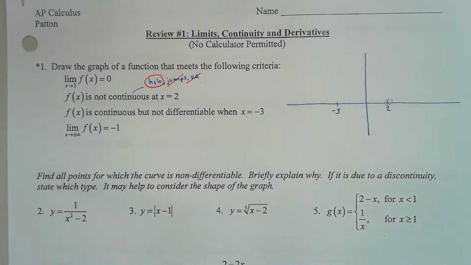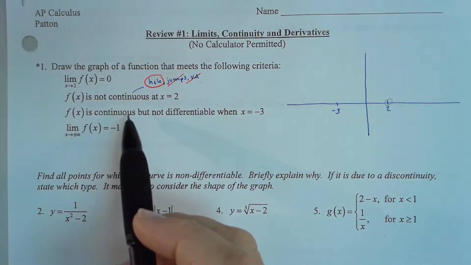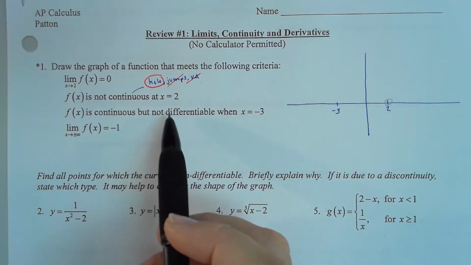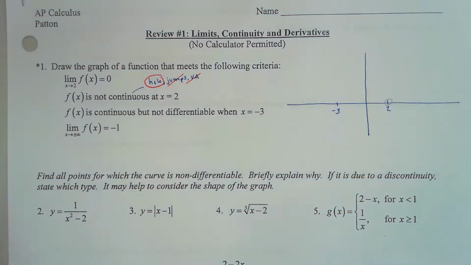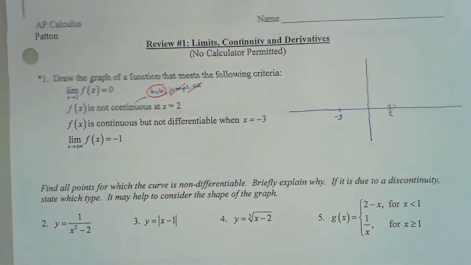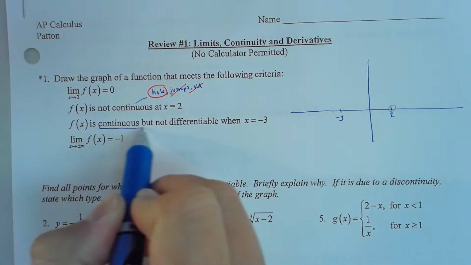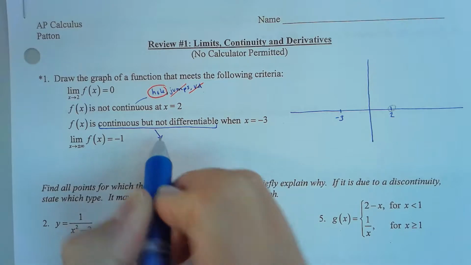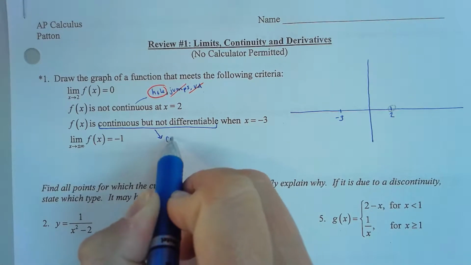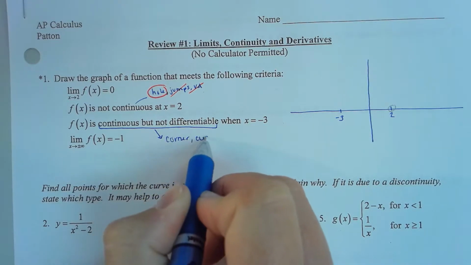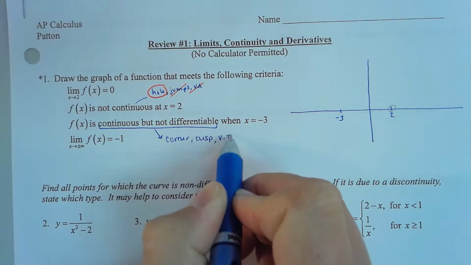Then it says f of x is continuous but not differentiable when x equals negative 3. The only things that can be going on to be continuous but not differentiable, our choices are corner, cusp, or a vertical tangent.